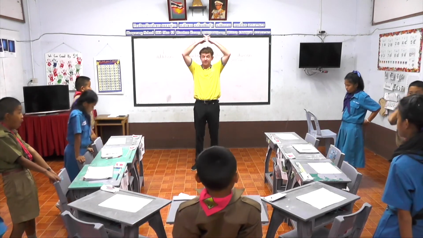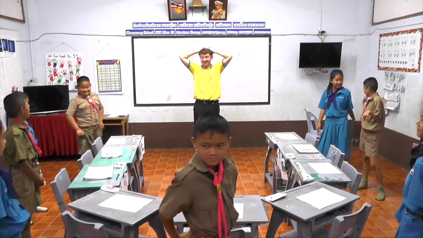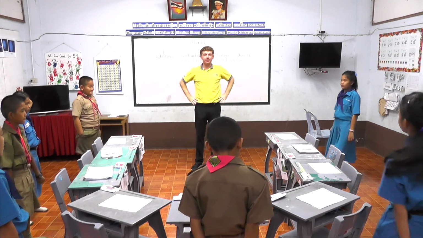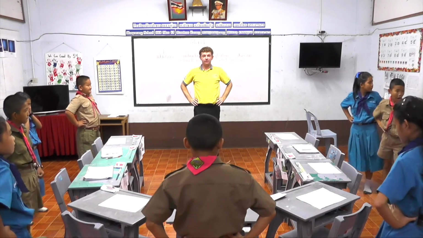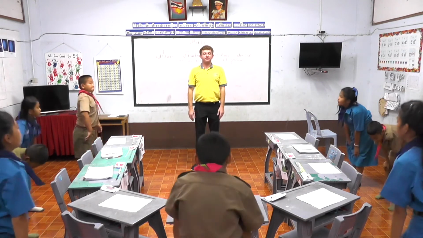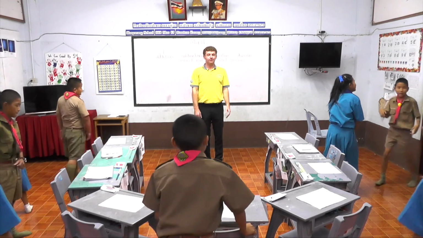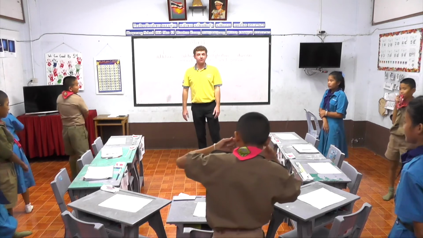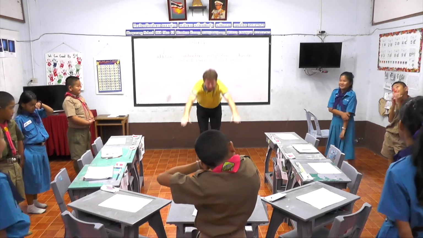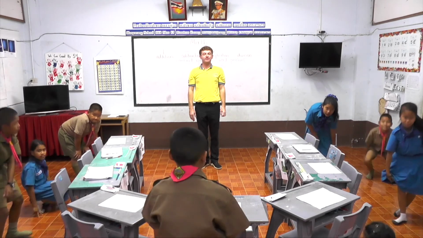Okay? So hands on head. Teacher didn't say. Listen carefully. Hands in the air. Teacher says, hands on hips. Teacher says, touch your knees. Teacher says, stand up straight. Teacher says, turn around. Turn back the other way. Well done, guys. Arms in the air. Teacher says, touch your toes. Stand up straight. Teacher says, stand up straight.